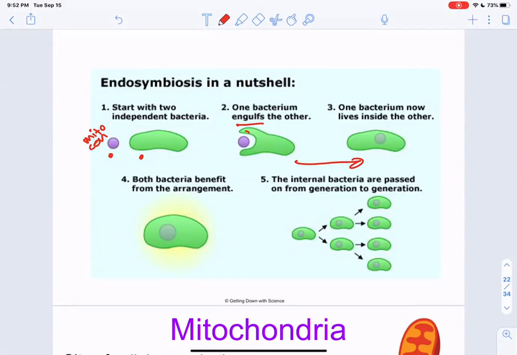Our relationship has gotten so much better. The big one figured out how to make this little guy inside it and synthesize it on its own, and eventually it just became a part of the bacteria. That's the theory of how eukaryotic cells started becoming a thing. Fun, right?